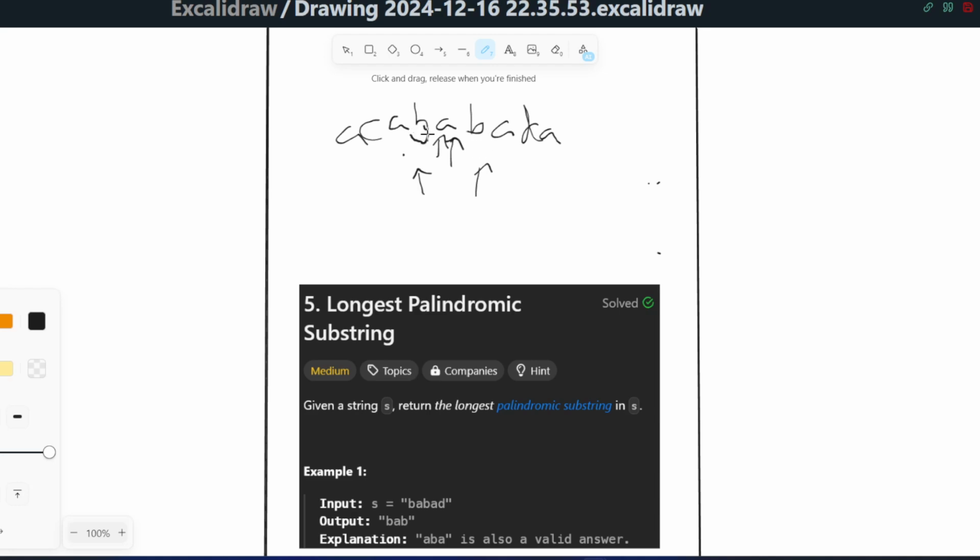But I only need to check this B and this B, because I already know that A is a palindrome. Since these two B's are the same, BAB is a palindrome, and then I'd move the pointers outwards, and I only need to check A and A this time, because I know that BAB is a palindrome. Since A and A are the same, it's a palindrome, I move my pointers outwards, and this is where we stop, because C is not equal to D.